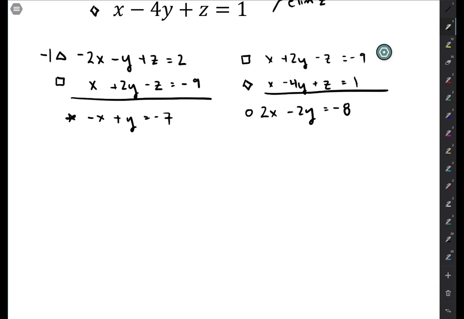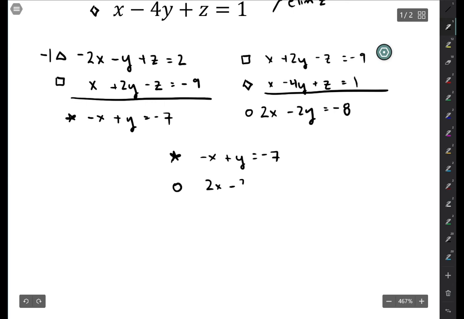So, as you might have guessed, at this point, we'll take star and circle, and we'll just use elimination or substitution on those two. Again, you have your choice. Now, we're going to have something fancy happen with this one, not to skip to the conclusion.